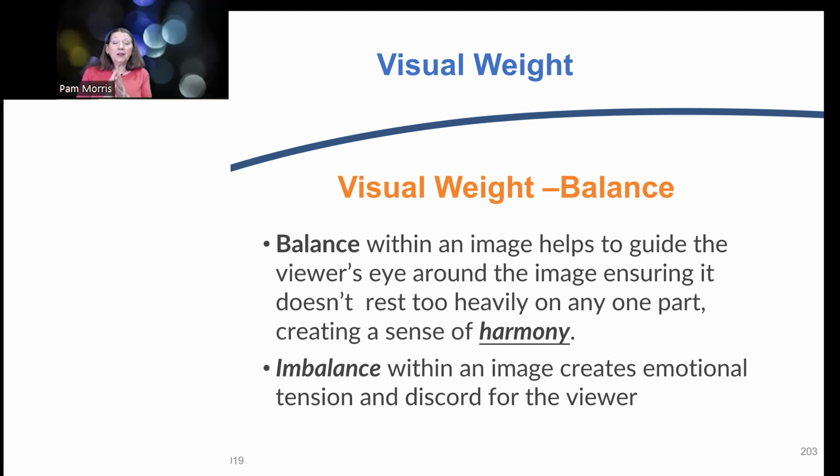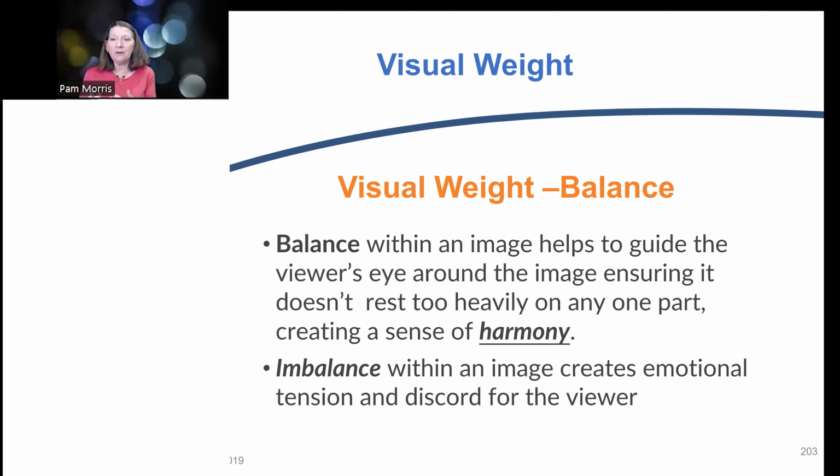So we're surrounded by balance and harmony just in nature, and we feel peaceful and we enjoy something when it's harmonious and balanced. When things are discordant, we are distressed. And sometimes photographers and artists will create images that will cause us to be distressed.